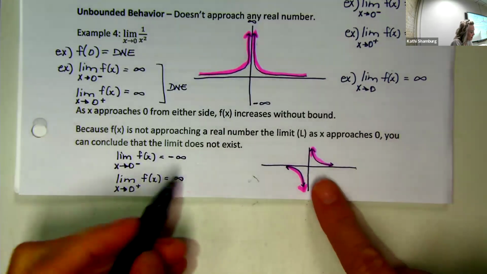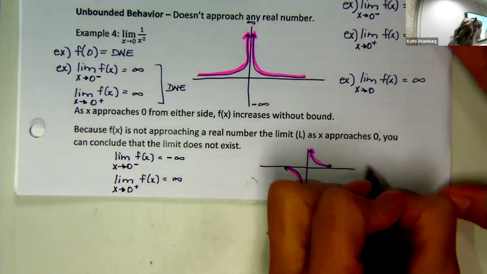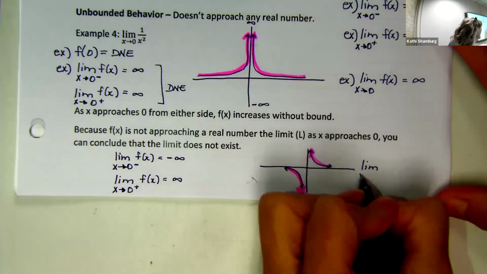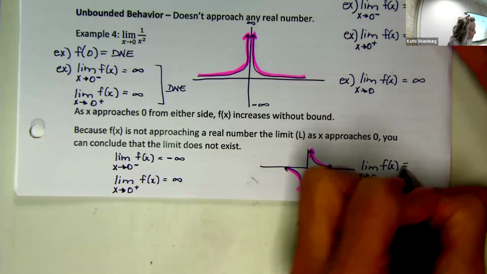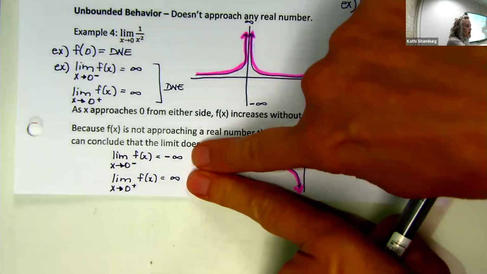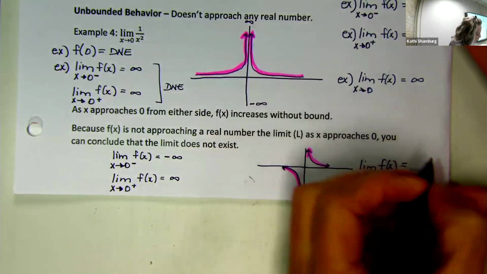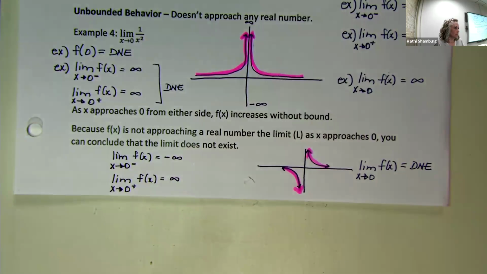Here, though, one is approaching negative infinity and one is approaching positive infinity. If it asks as x approaches 0, meaning consider both sides, they are not approaching the same infinity, so your only answer is does not exist.